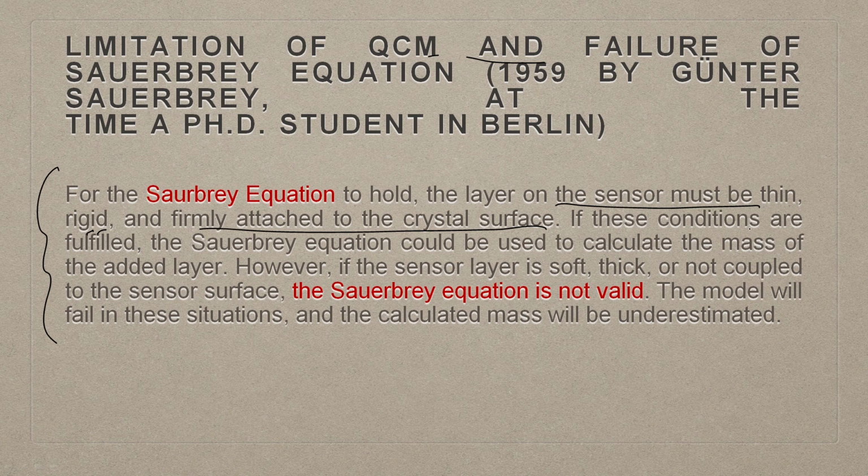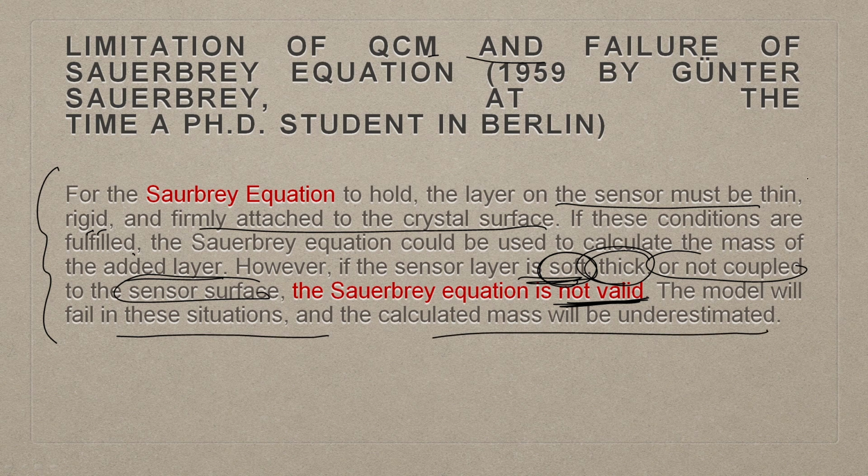If these conditions are fulfilled, the Sauerbrey equation could be used to calculate the mass of the added layer. However, if the sensor layer is soft, which is exactly the biological molecule, thick, or not coupled to the sensor surface, so there are slips, the Sauerbrey equation is not valid. The model will fail in these situations and the calculated mass will be underestimated.